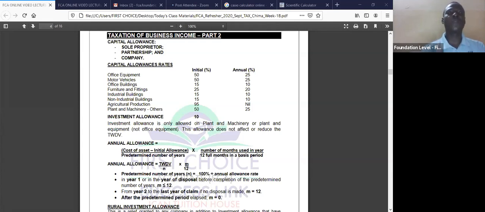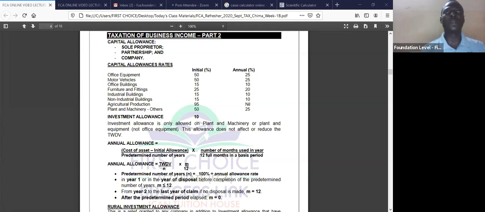Now, the problem with capital allowance is this. If you buy an asset in, say, September or in November, and these two years of assessment have the same period, which period will you be charging your initial allowance?